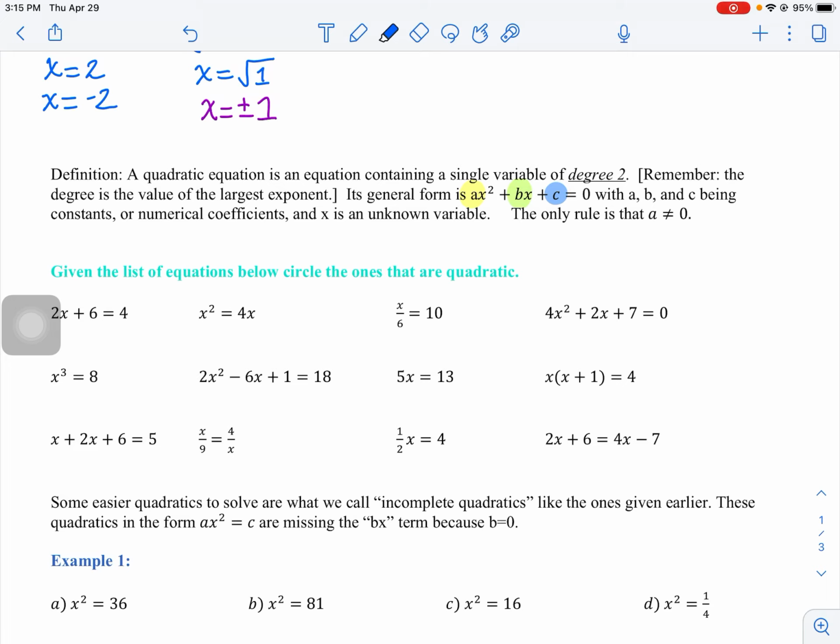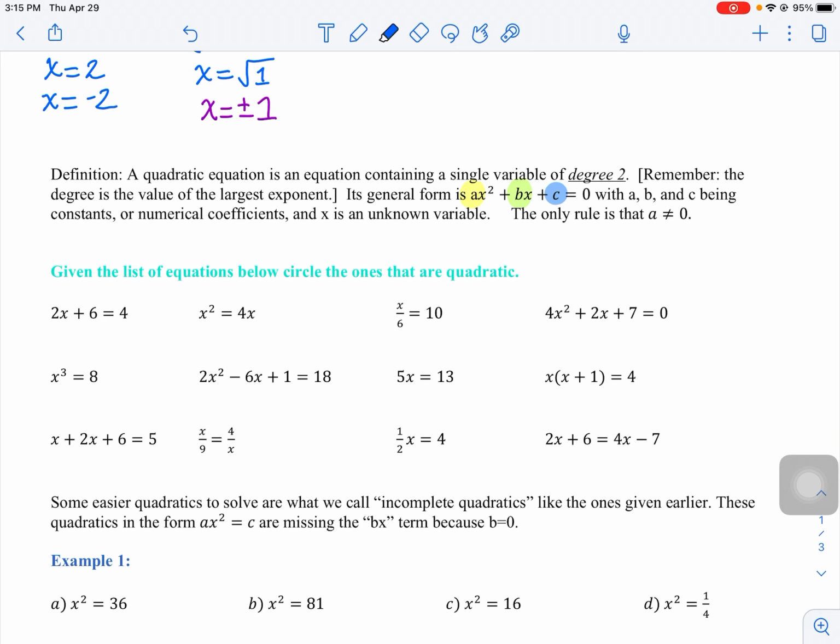Okay, so given this list of equations below, circle the ones that are quadratic. You're simply looking for x squared to be your highest exponent. There's only one, maybe two tricky ones here, okay?